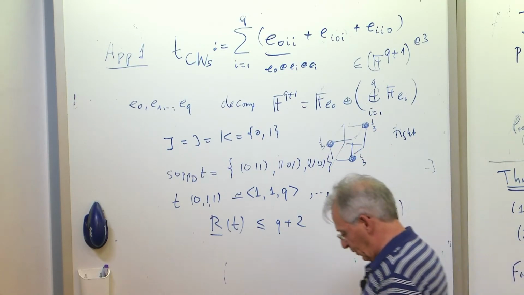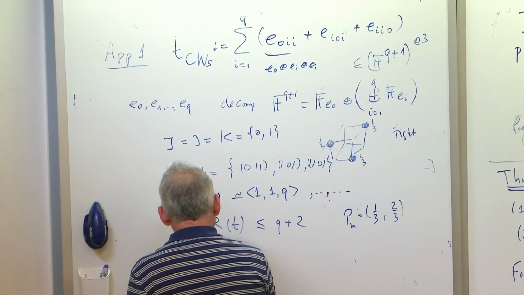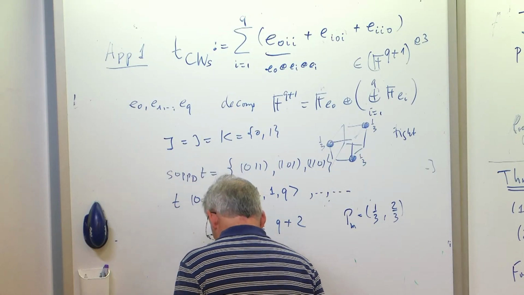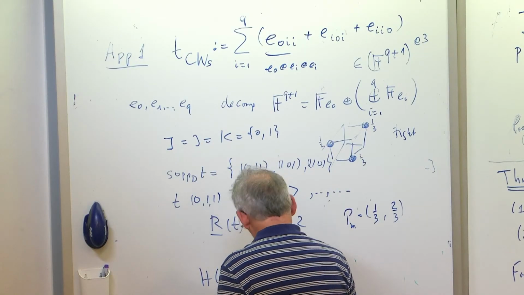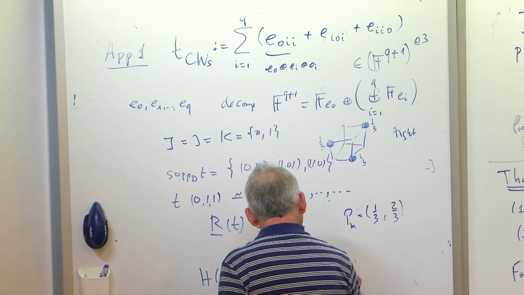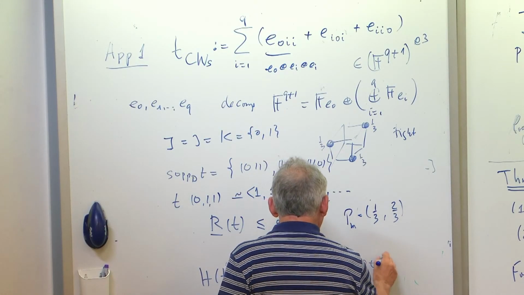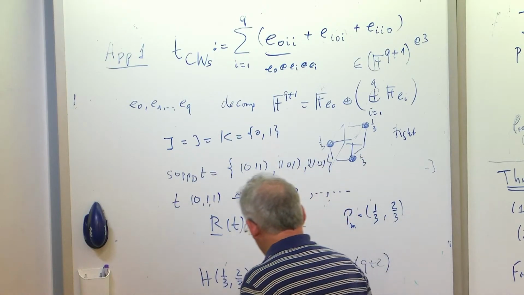Okay, and then if you write this, you have the entropy of the distribution 1 over 3, 2 over 3, plus omega, and now, okay, I copy it from this, the logarithm of q should be less than or equal to the logarithm of this border rank estimate q plus 2. Now we have one inequality, and then the question is what q is best.